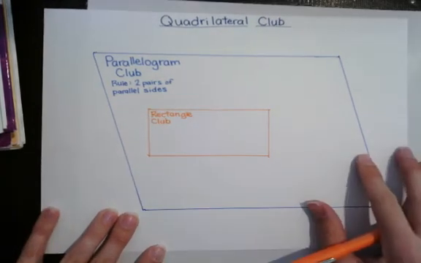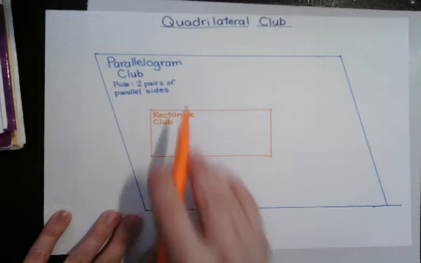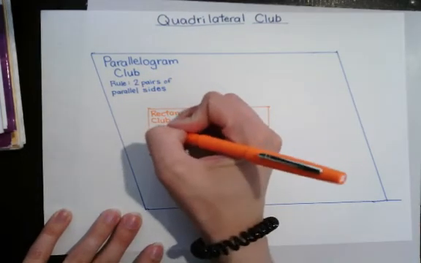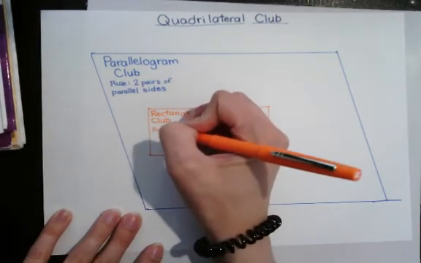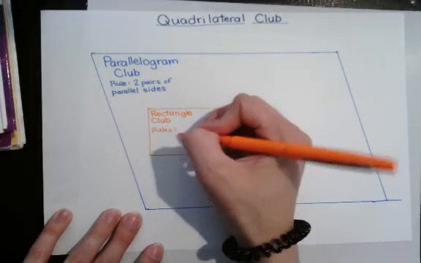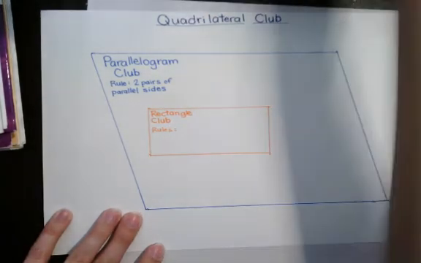Now, to get into the Rectangle Club, there's a little bit more you have to do. You have to have 2 pairs of parallel sides, but you also have to have 4 right angles.